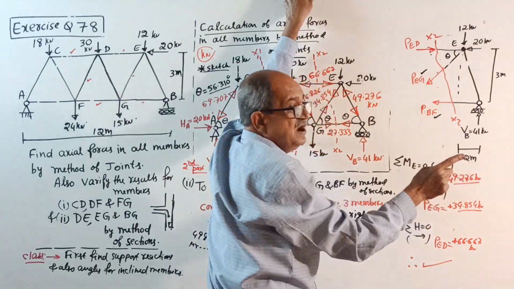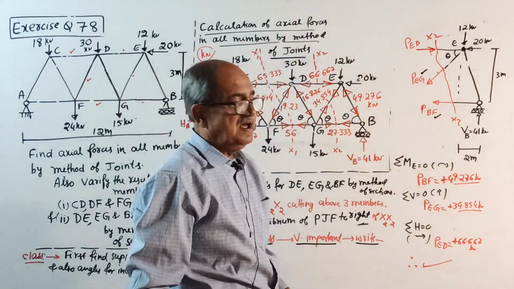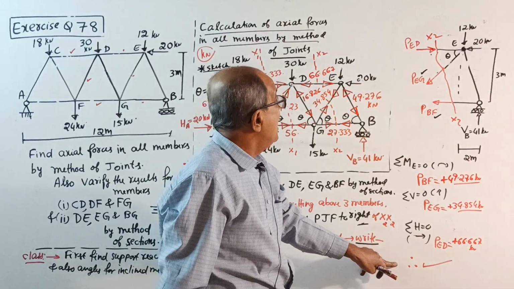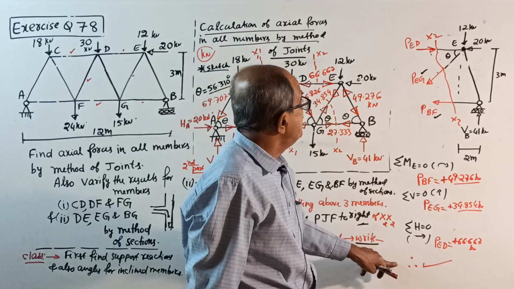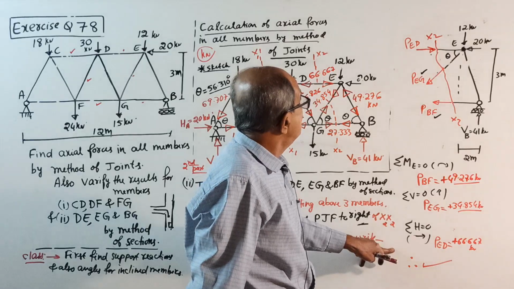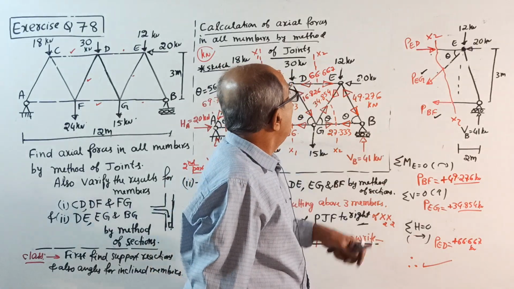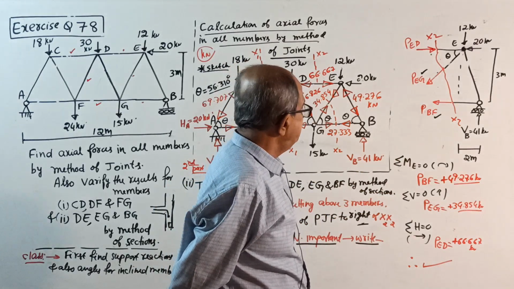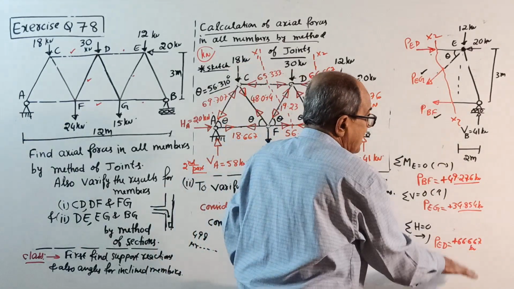Positive came, yes, it means it is coming to the joint, so 66.667 compression. Therefore, axial force for BF is 49.276 tension. Axial force for EG is 34.854 tension. Axial force for ED is 66.667 compression. That way, write the answer.